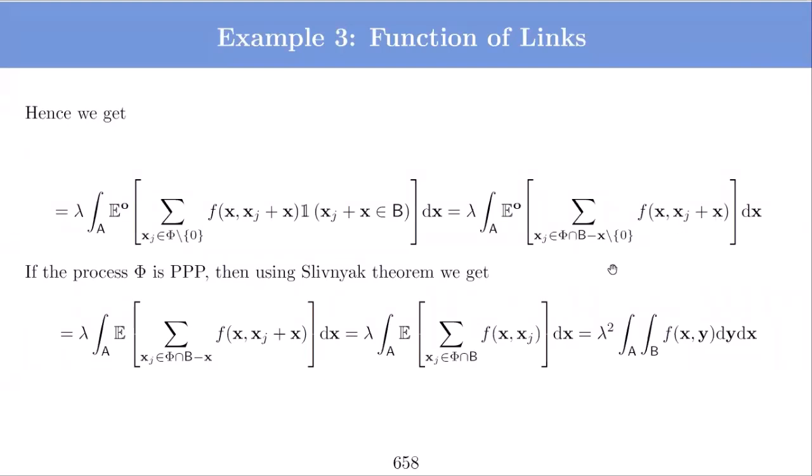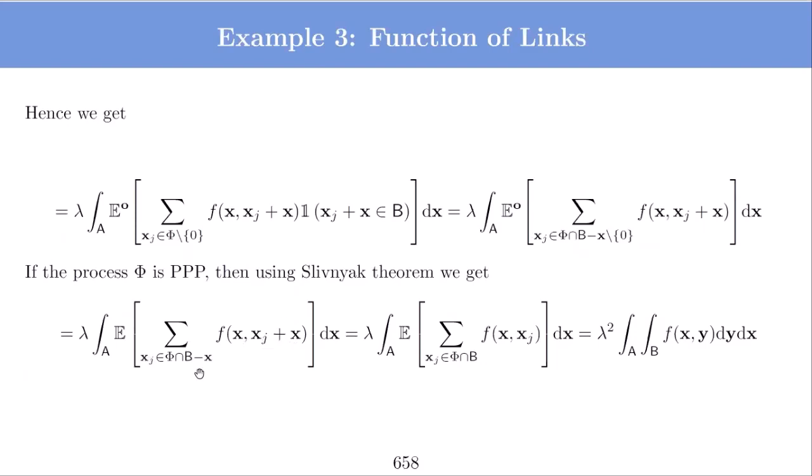And if the point process is PPP, then I can apply Slivnyak theorem to equivalently remove this conditioning on 0 and this point 0, to get lambda expectation over the summation of xj belongs to phi intersection B minus x, f(x, xj plus x).